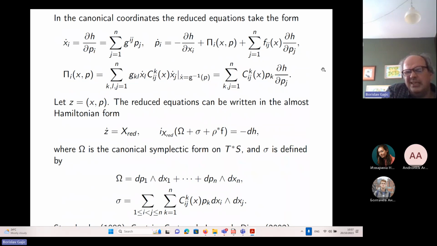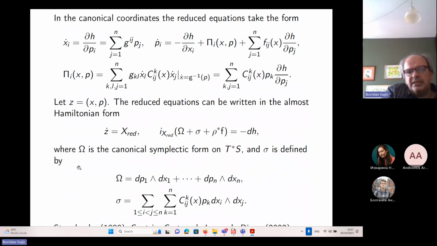This pi is the part which is given by the non-holonomy of the constraints, and in addition the third part is given by our gyroscopic forces. Okay, so the reduced equation can be written in almost Hamiltonian form.